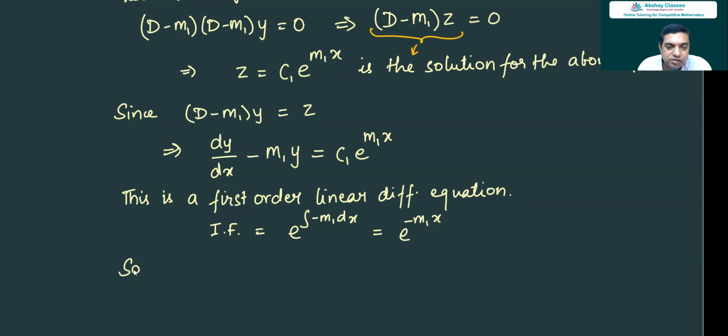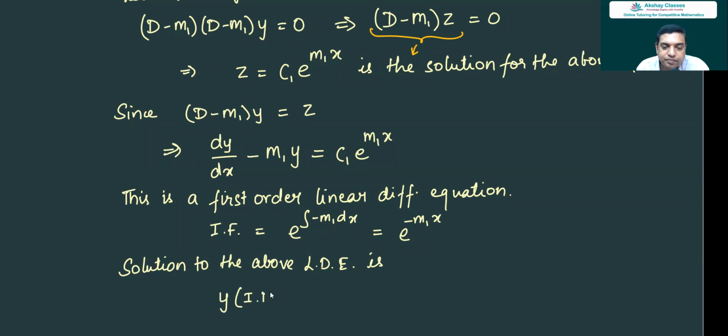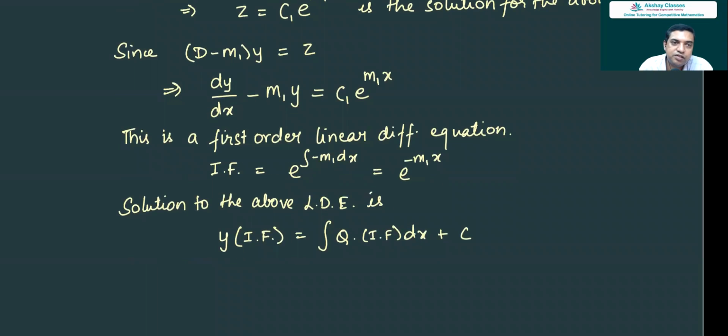So the solution to the above linear differential equation is y times integrating factor equal to integral of q times integrating factor dx plus c. Whatever the constant is, I'll put as k, then we will change this.